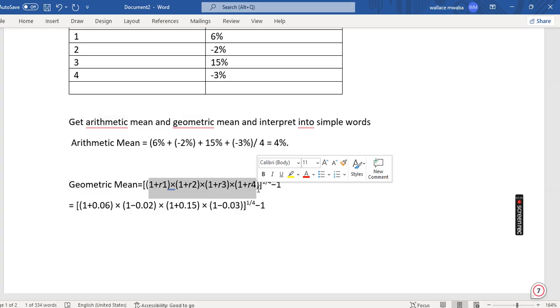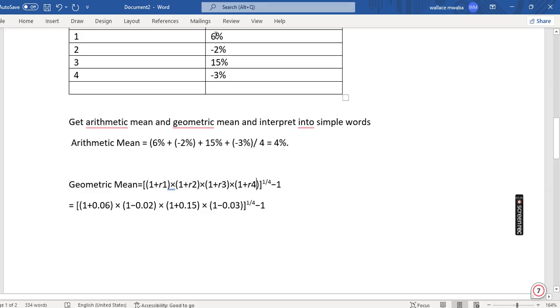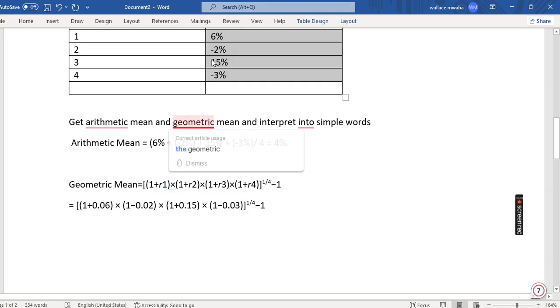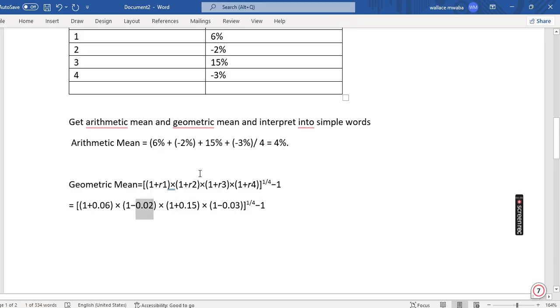So these percentages, we need to convert them into decimals. 6% is 0.06, 2% is 0.02, 15% is 0.15, negative 3%. Remember, it's 1 plus negative 0.03, and it just becomes the same as saying 1 minus 0.03.